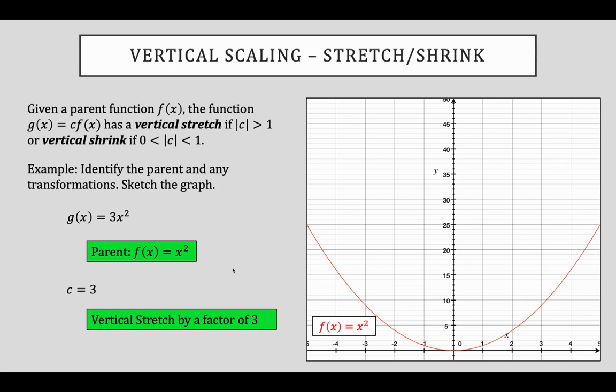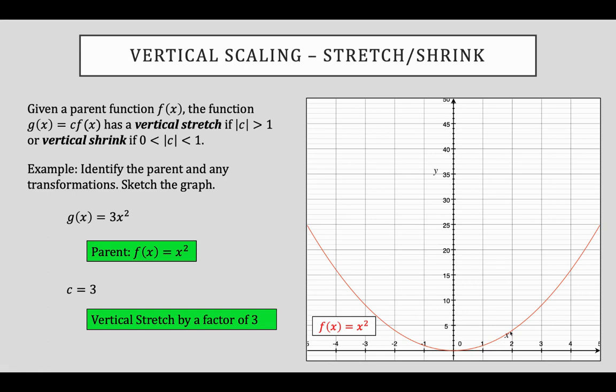Okay, let's now think about the graph. One thing to recognize is that these vertical scalings impact the y values, the y coordinates of every single point. So here I have my graph of my parent function. This is the graph y equals x squared. What we are going to do is take the y coordinate of every single point on this graph and multiply it by 3. Okay?